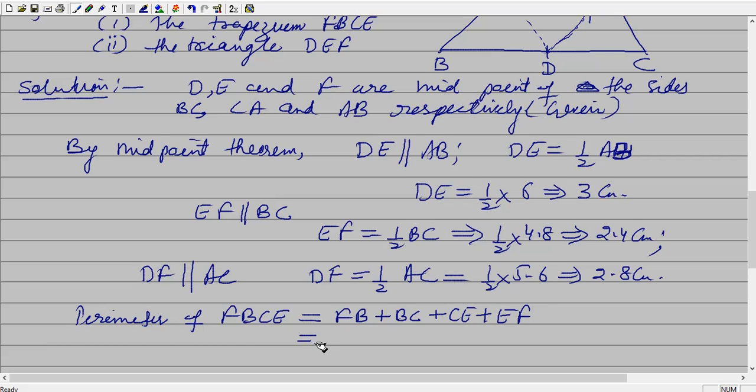So what do you think about BF? F is the midpoint of AB, right? So you can say half of AB. BC we all know very well, put the value later. CE is half of AC, and EF we keep as it is for now.